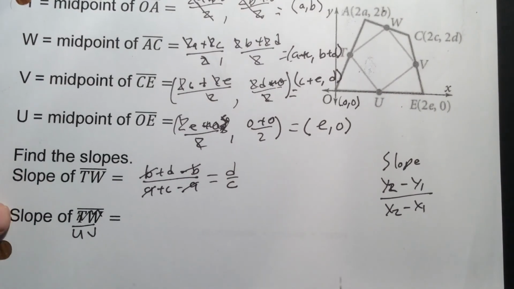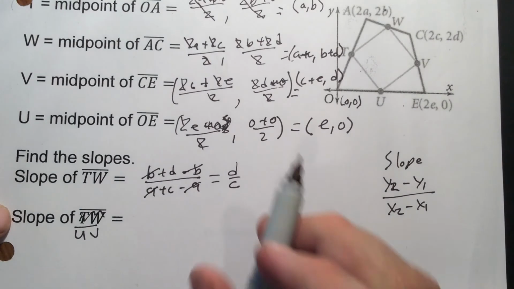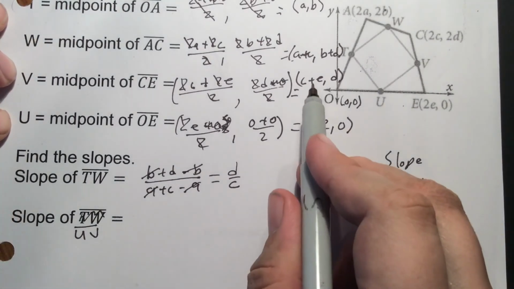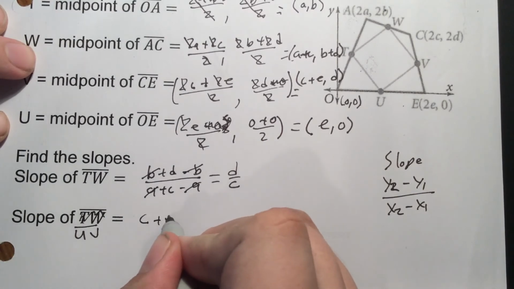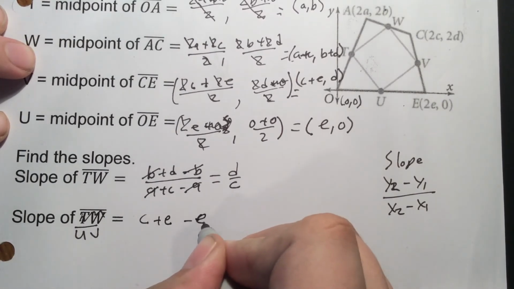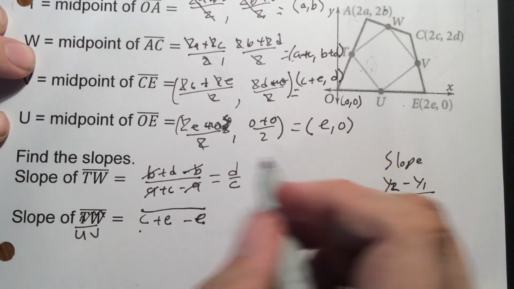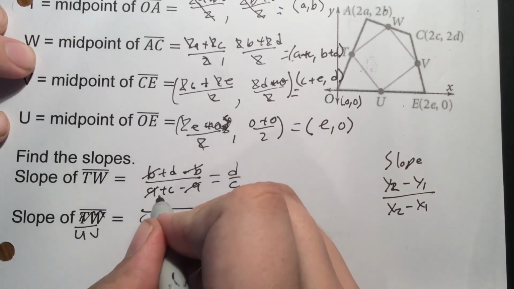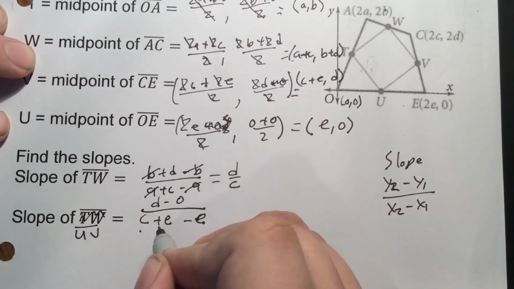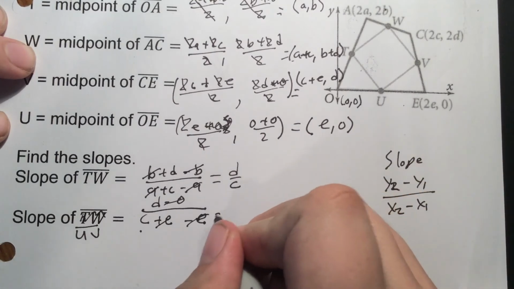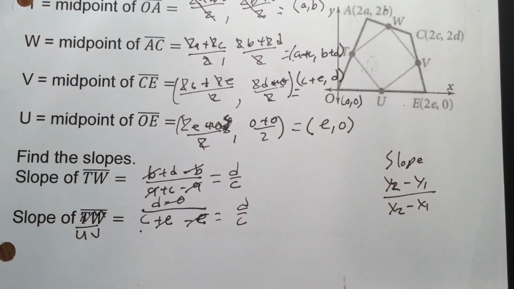We need to show that our slope of UV is going to be the same so that we can show that these are parallelograms, because we have to show they're going to have the same slope. So we're dealing with the bottom two now, U and V. So we would have c plus e minus e for our bottom, and our top is going to be d minus 0. Well, the e's are going to cancel, and minus 0 is itself, so we're going to end with d over c.